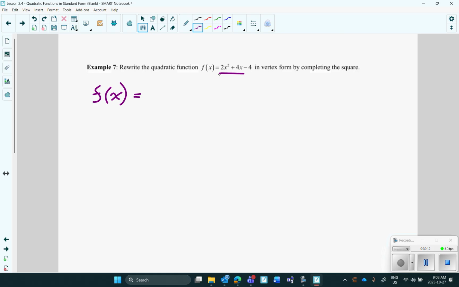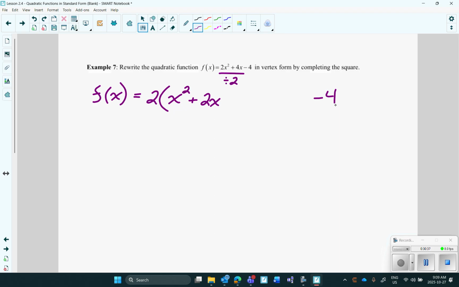I have to divide 2 out of these 2, or factor 2. So take out a 2. What's this? Divide x squared, because that's what I want. This divided by 2 plus 2x. Remember, the minus 4 isn't part of it. Look on the inside of the parentheses.